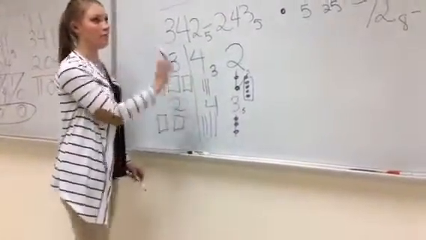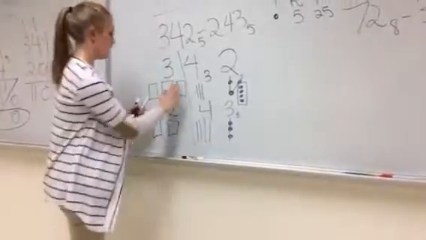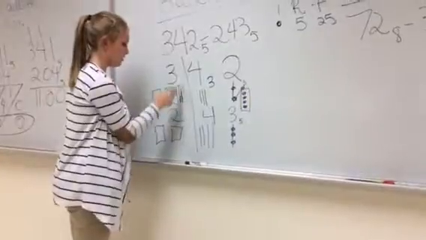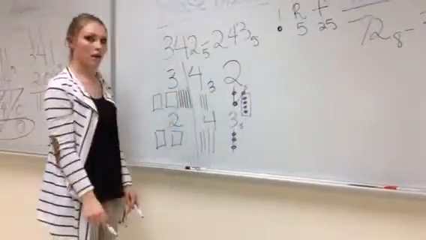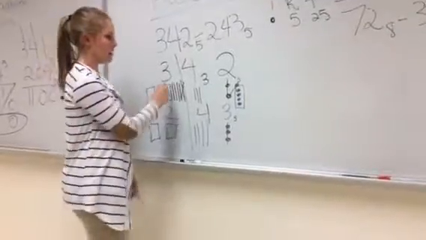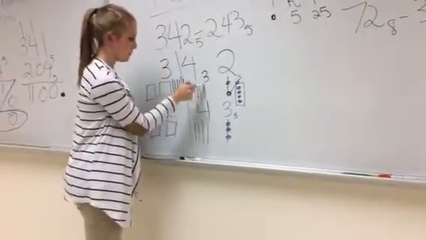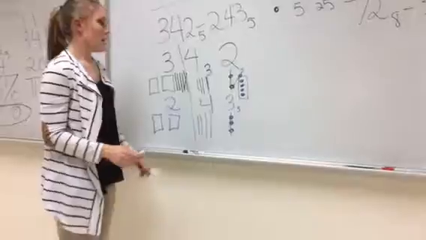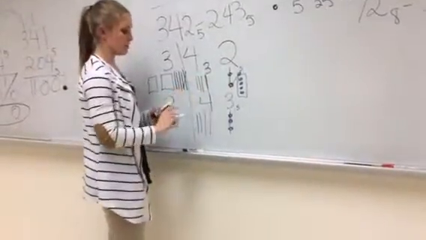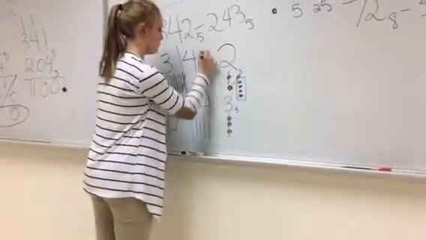We know that 5 rods equals 1 flat. So we are going to take away a flat, turn it into 5 rods, and we are going to borrow this rod and bring it over here. You're going to add the rod, which will be 5, now turning this into 8.